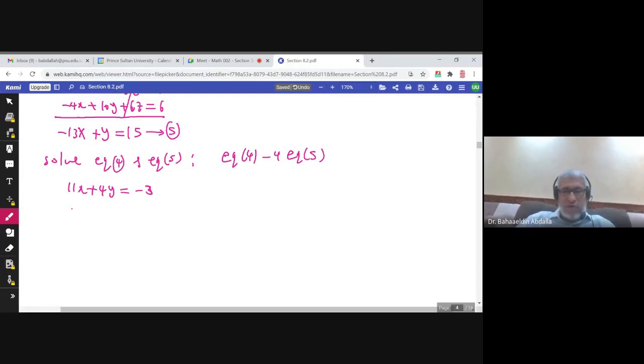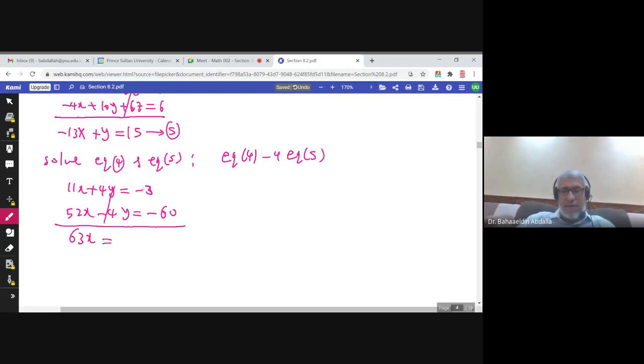So 52x. Then -4 times y, minus 4y. Then -4 times 15. This is -60. Now I add 11 plus 52 would be 63. So I have 63x. And this would be cancelled.